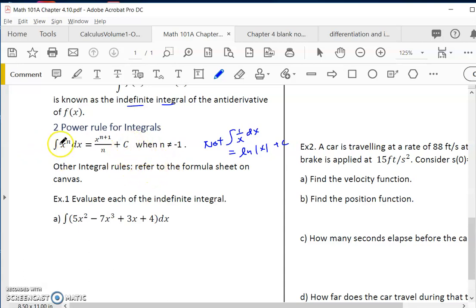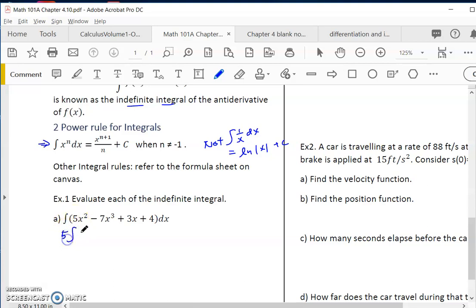Okay, so the other integral rules, you can refer to the formula sheets. This is the one that is like a general power rule. So let's do a few. Evaluate each indefinite integral. Just like limits or derivatives, you can separate them into individual ones. So we do that too. If it's a constant multiple, it's just a constant multiple.